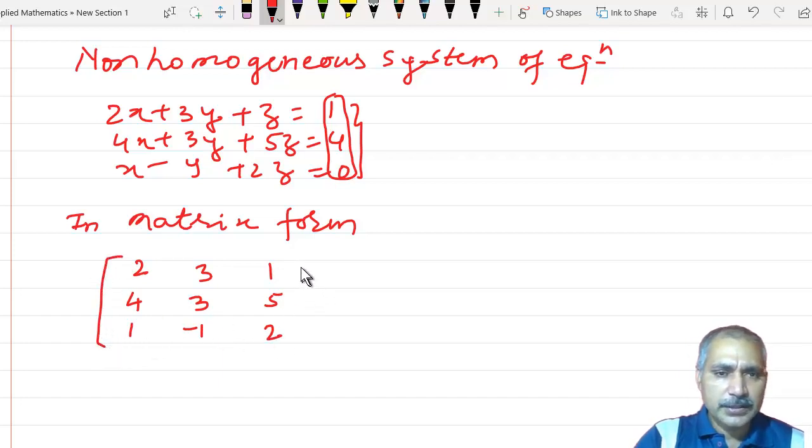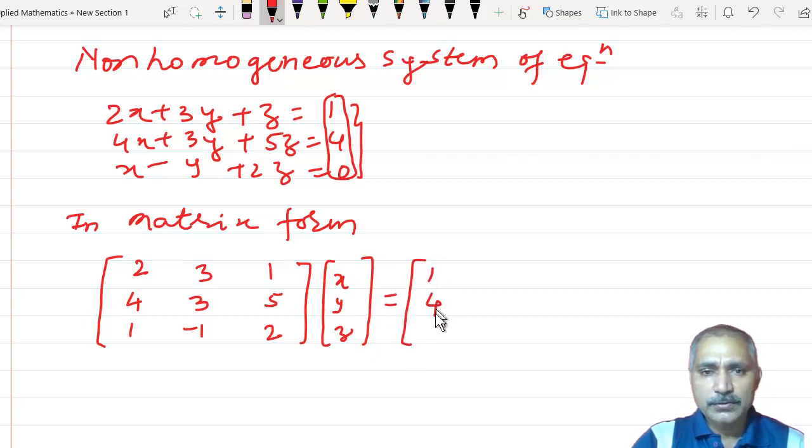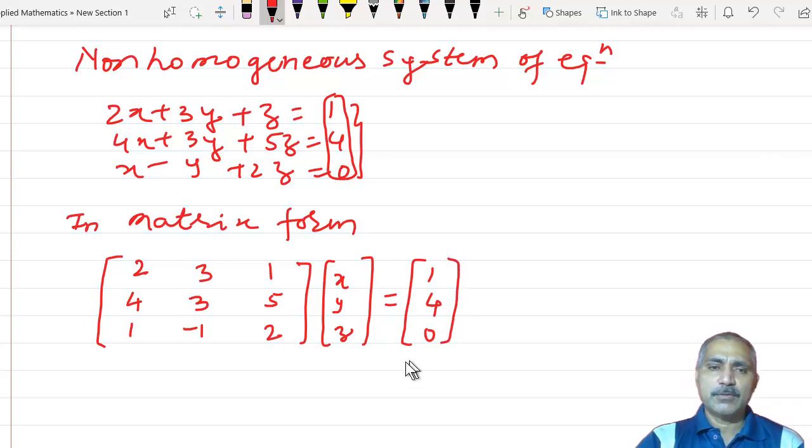We will write this in matrix form. Then we multiply by the variables x, y and z, and on the right side we have 1, 4 and 0. This is the matrix form of the given system of equations.